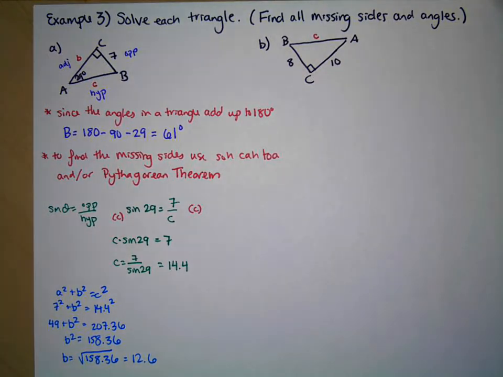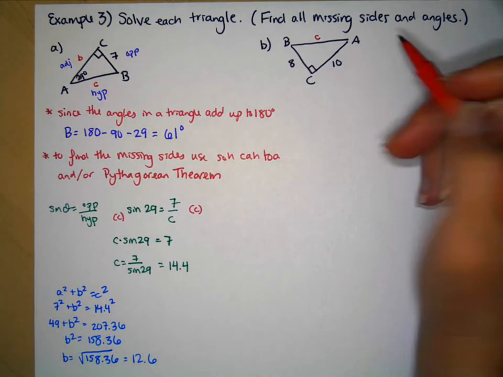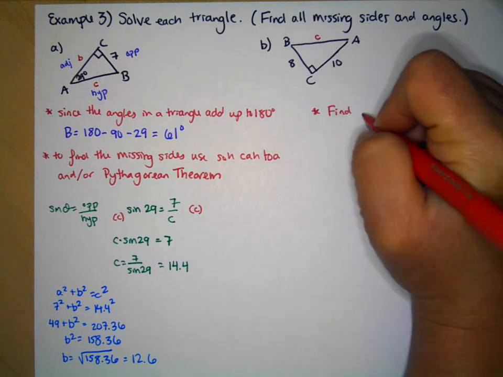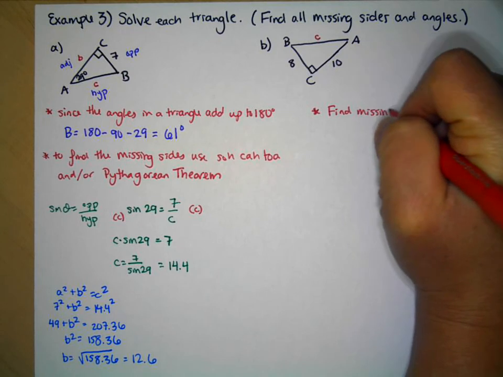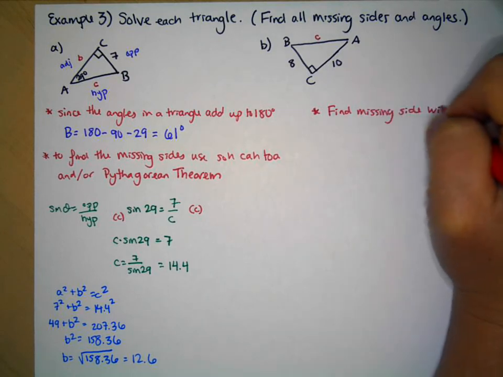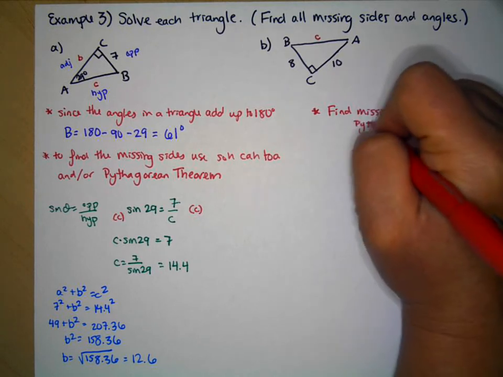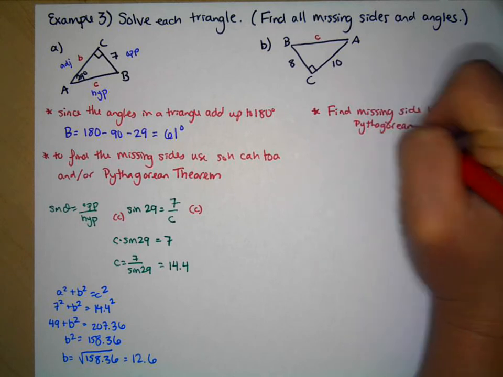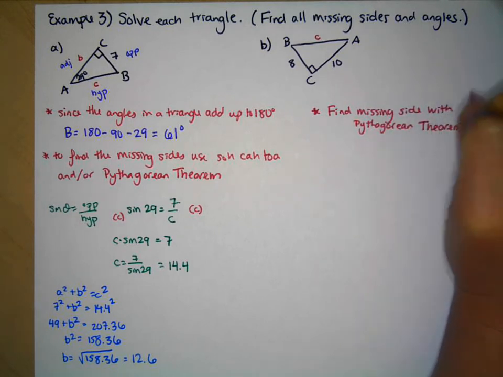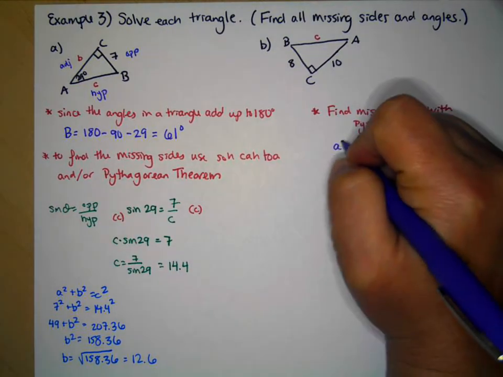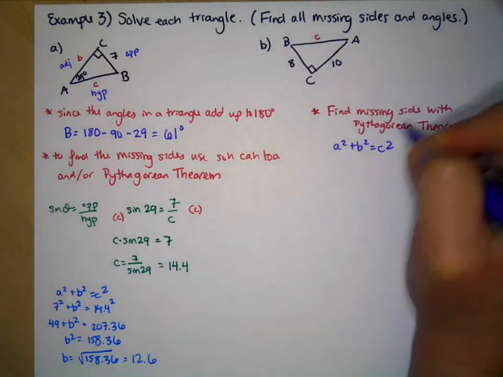All right. For example, 3B, we know two of the sides, so a good first step would be to find the other missing side with our Pythagorean theorem. All right, so our Pythagorean theorem, A squared plus B squared is equal to C squared.